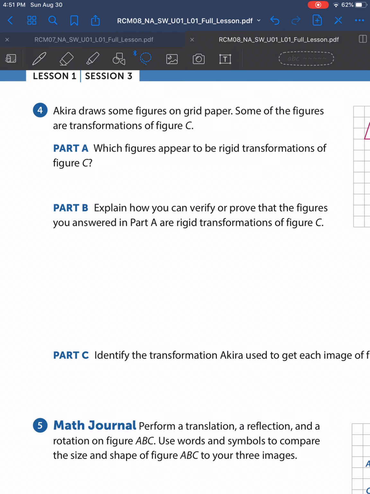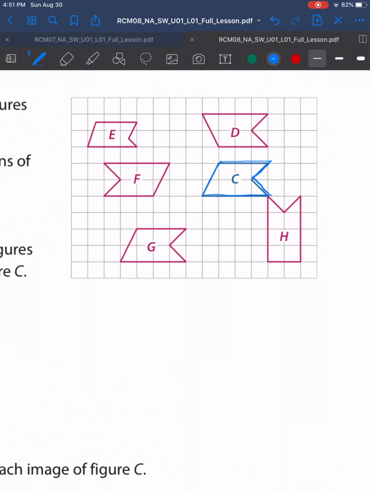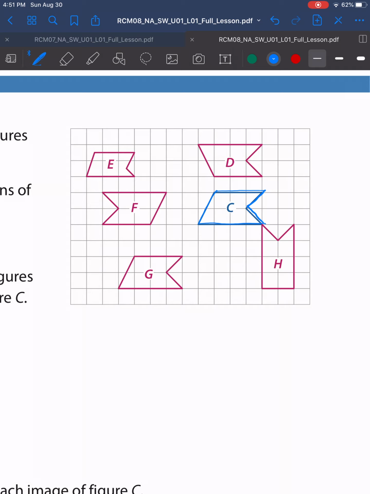it looks like part B is going to have us explain. So I'm not going to explain these things yet, but we know that G is something that was rigidly transformed. Okay. Now let's look at D, for example. D to me looks like it got reflected or flipped over a line of reflection.